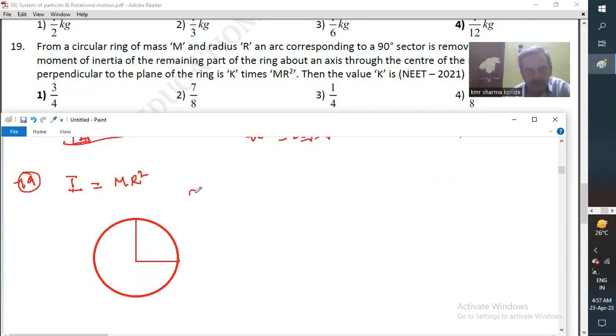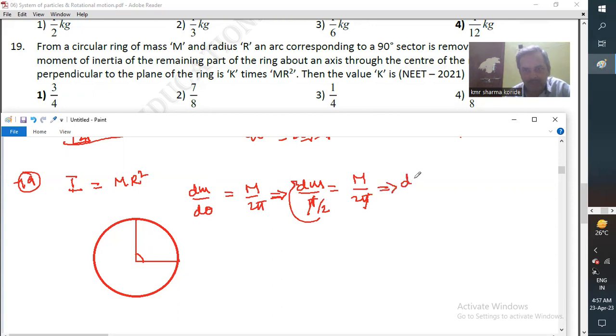So we can say dm by d theta is equal to M by 2 pi. Therefore, 90 degrees removed means this theta is pi by 2 radians. So dm by pi by 2 radians is equal to M by 2 pi. Therefore, pi and pi get cancelled, this 2 will go up, and the other will come down.